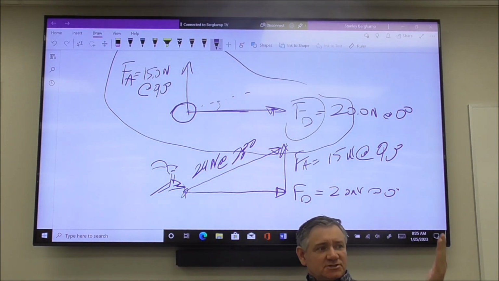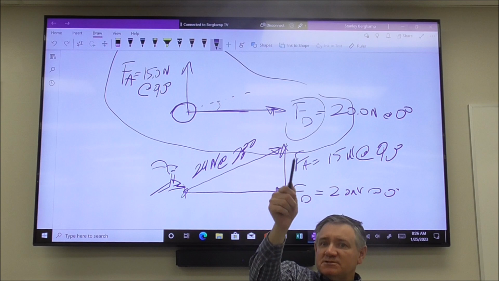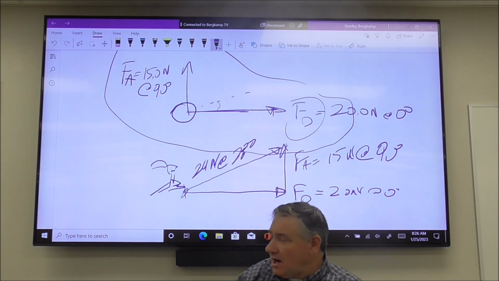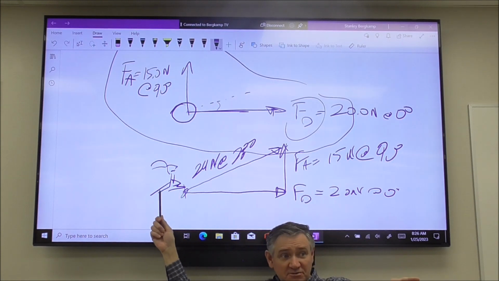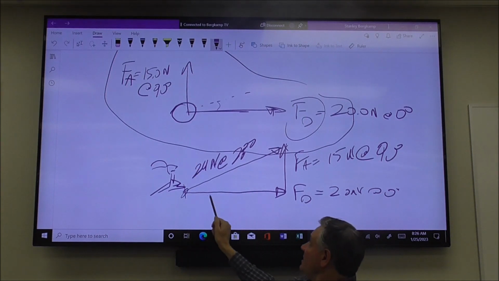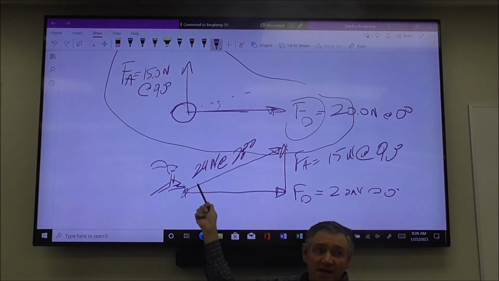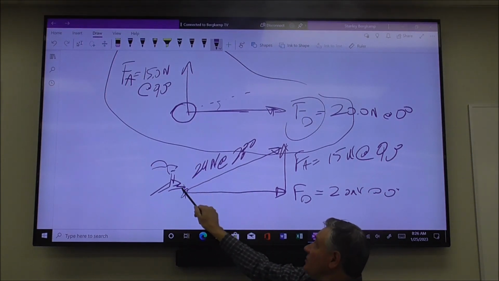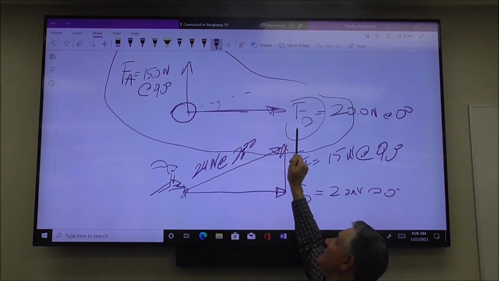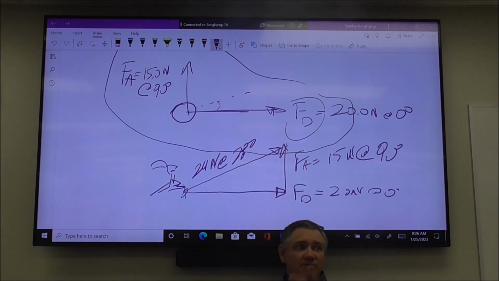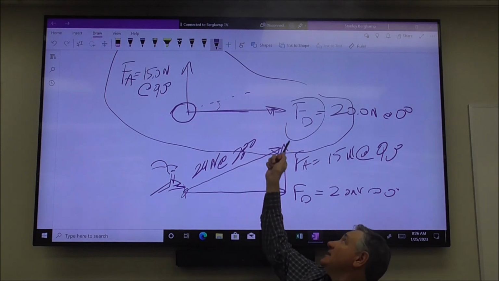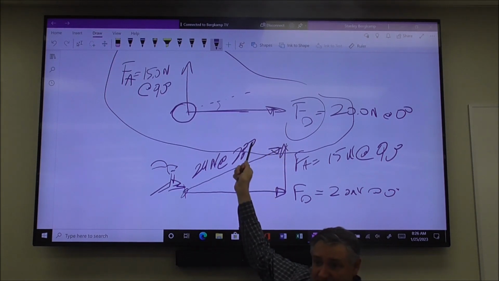So I have to tell Jake how to get to Angel so that Angel can get his water bottle. Oh, Jake, here's what you have to do. Jake, you need to walk at an angle of 28 degrees, and you need to take 24 steps, and you'll get to there.